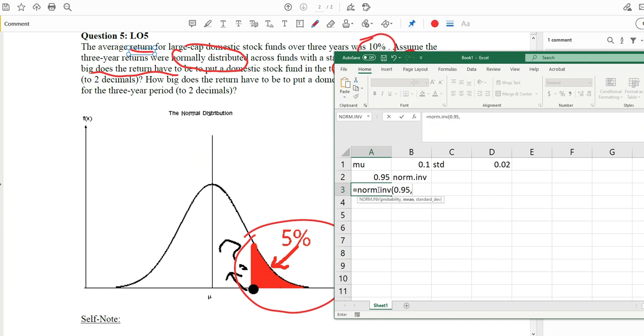Now the second entry will be the mean, 0.1. And the last entry is the standard deviation. Here you don't need to tell the computer true or false because, as I said, NORM.DIST needs true or false, but when you do the inverse operation, they won't ask you true or false. Then close the parenthesis.